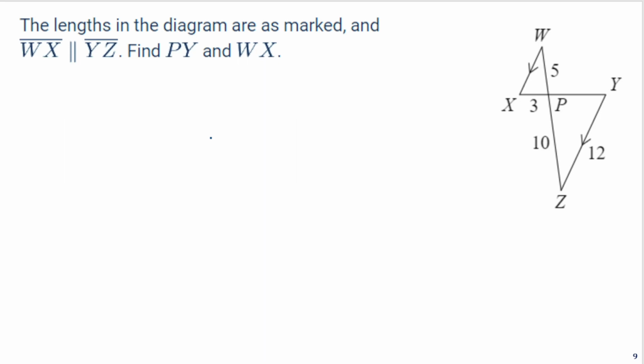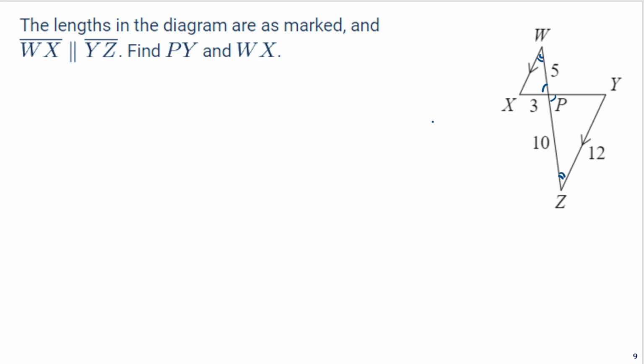So the lengths are marked in the diagram, and WX is parallel with YZ. Can you find PY and WX? Okay, again, I'll lead you through this question here. Because these two angles are vertical angles, they are equal, right? And a pair of parallel lines give you a pair of equal angles here.